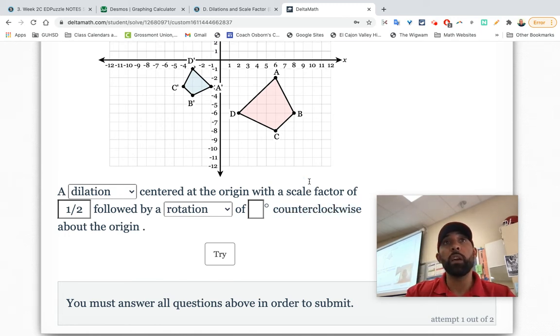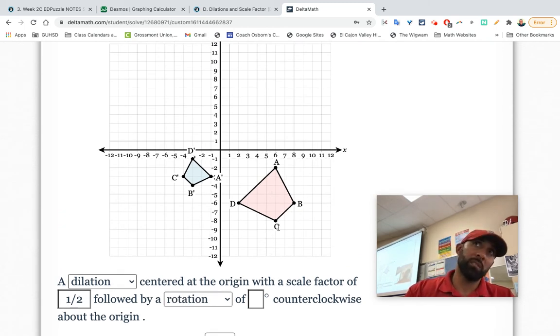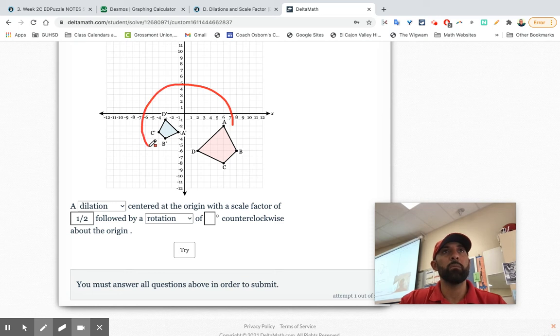Now, if we're going to go counterclockwise, you have to think. Counterclockwise would be in this direction, okay? So I use my little pen here. We're going to go this direction, right? All right, so now when I move one quadrant, that's 90 degrees.